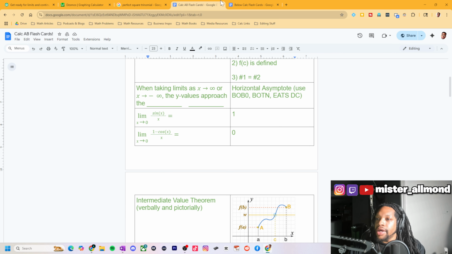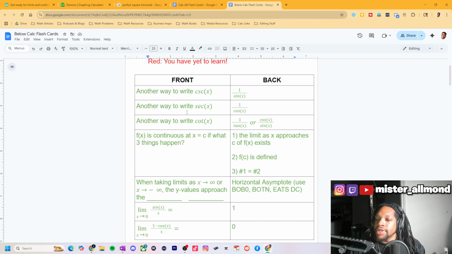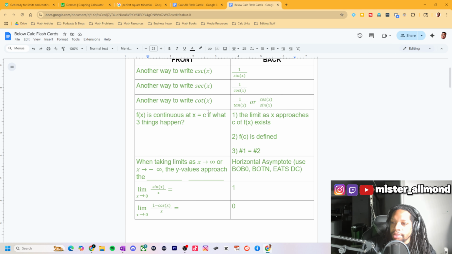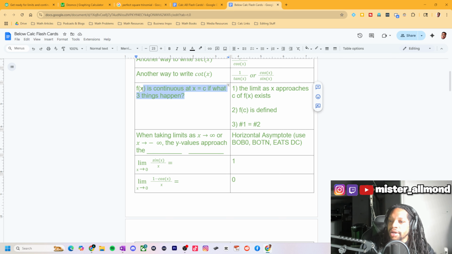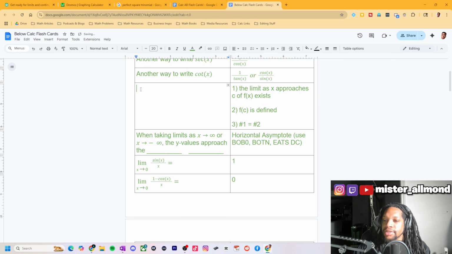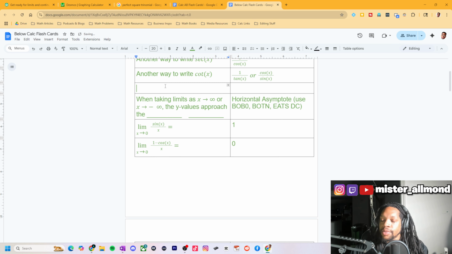All right, so that's that. So this one, I'm gonna just take them out. Actually, some of this stuff I can keep on here. Continuity, I don't need that. I'm gonna change these up as I go. So what I want to do here is perfect square trinomial.